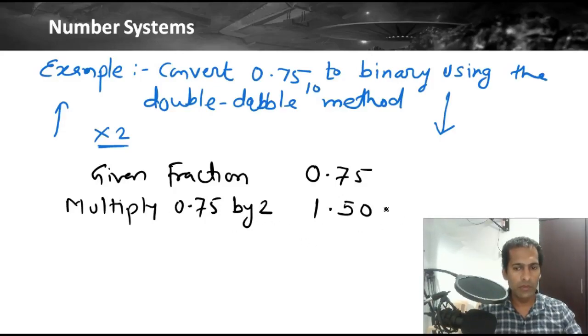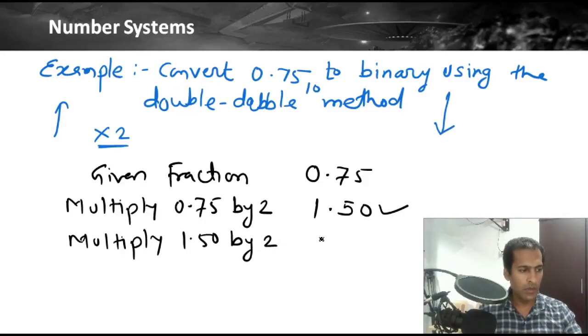The next step is to repeat this process, so we multiply the fraction part, 0.50, by 2. We get 1. Now there is no fraction left.